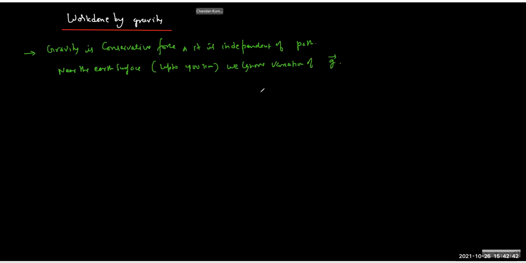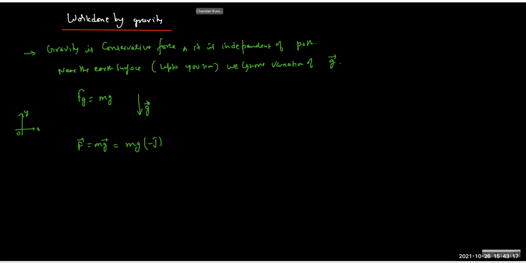So we are going to treat the gravitational force for all such calculations as a constant force. The gravitational force is always mass multiplied by g, and it always acts downward. So the force vector is always acting downward. You can also write it as mg times minus j cap if you want to write in the i cap, j cap notation, assuming y is upward and minus y is downward. So the force of gravity we can write like this.